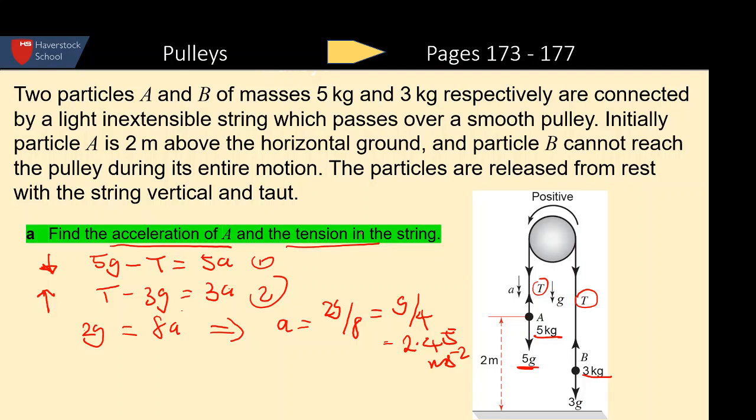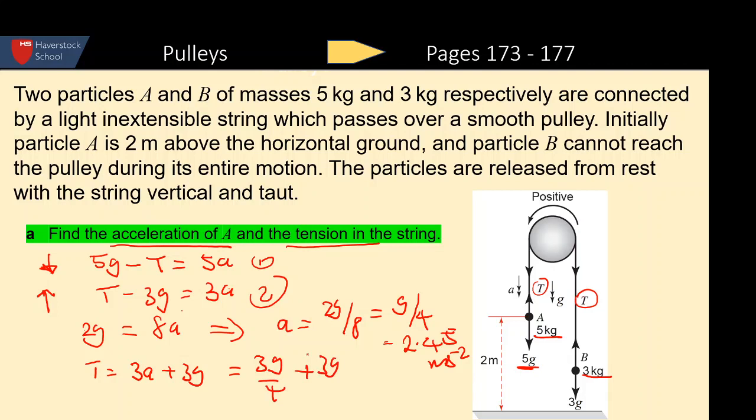How would you find the tension knowing a to be g over 4? Substitute back into either equation 1 or equation 2. I would choose equation 2 because I could make T the subject. T equals 3a plus 3g. I know a to be g over 4, so 3 times g over 4, 3g over 4 plus 3g.